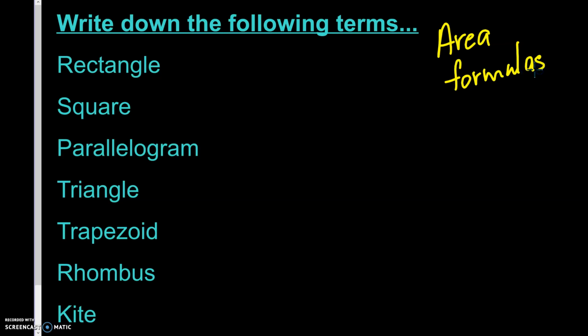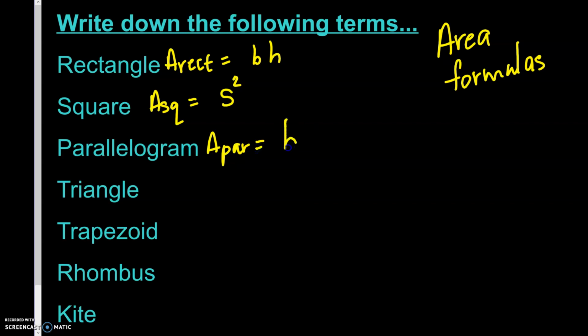The area of a rectangle, that formula is going to be base times height. The area for a square is going to be side squared. The area for a parallelogram is going to be base times height.